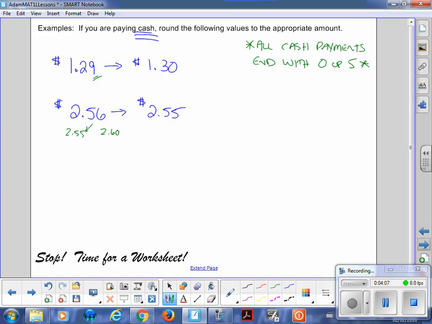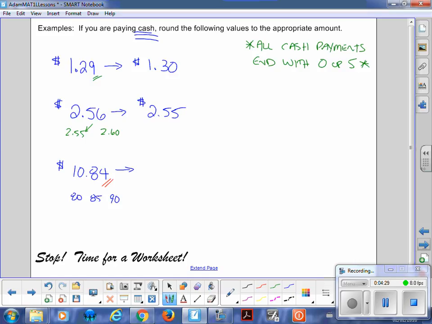What about $10.84? Again, we look at the last digit. It's a 4. Another way to look at it is, what's closest: 80, 85, or 90?